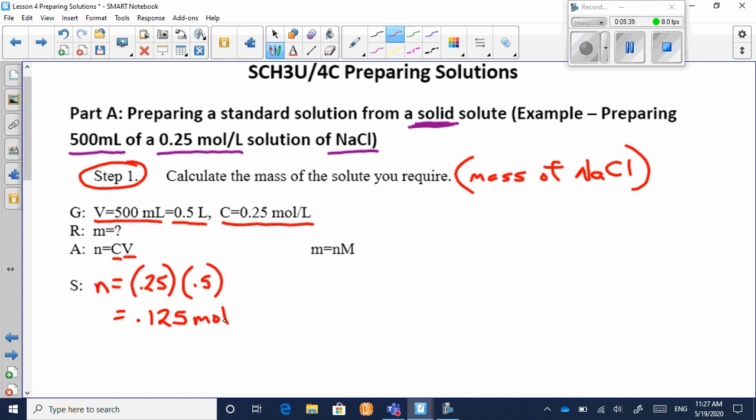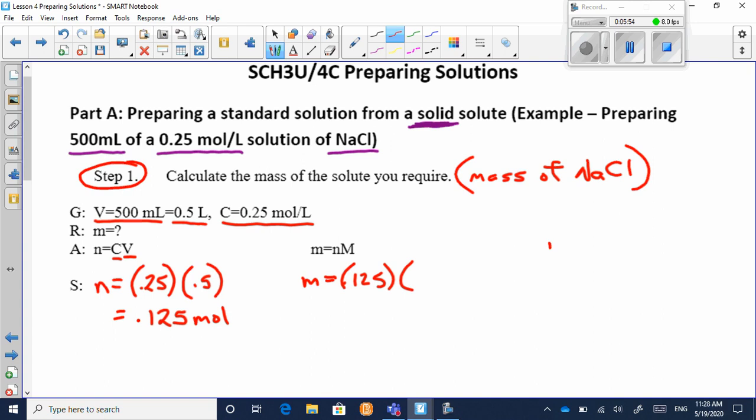So there we go, we've converted to moles. Then we'll calculate the mass we need. The mass is equal to the moles we've just calculated, 0.125 moles, times the molar mass.